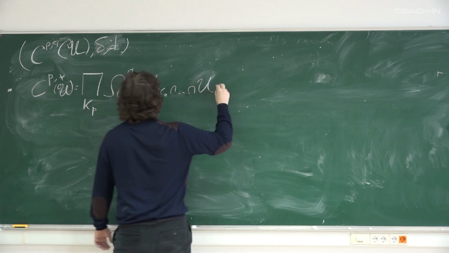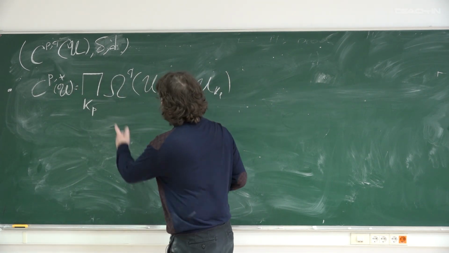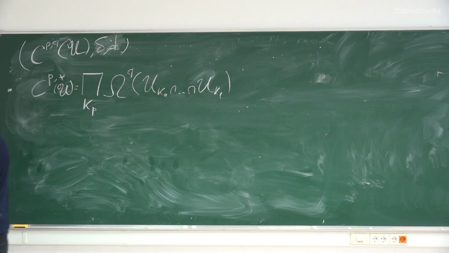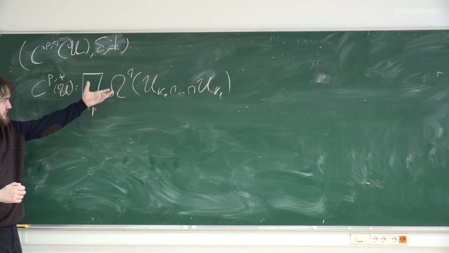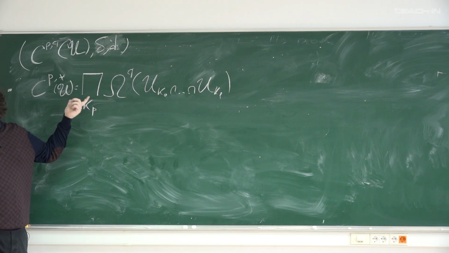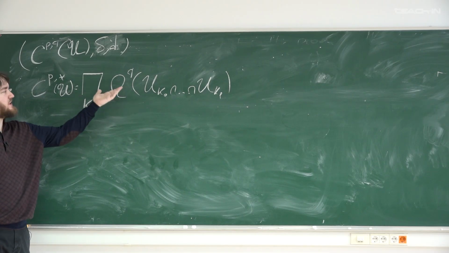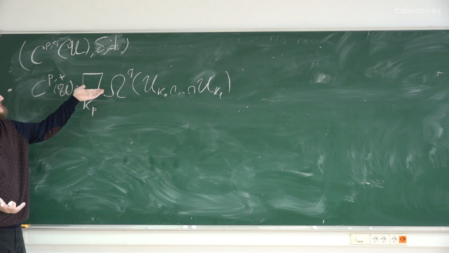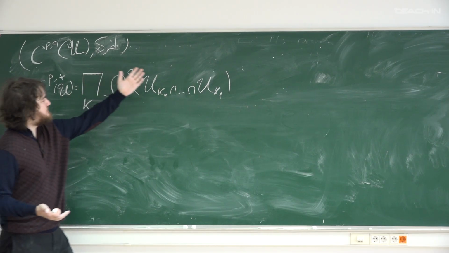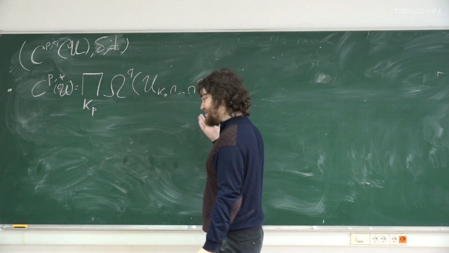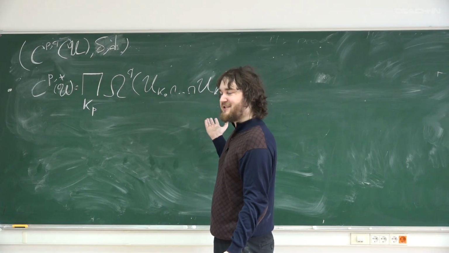As I said before, this is in fact a direct sum of chain complexes with respect to the de Rham differential, because the de Rham differential preserves this decomposition. If I apply the de Rham differential to a differential form on an intersection, I obtain also a differential form on the same intersection.